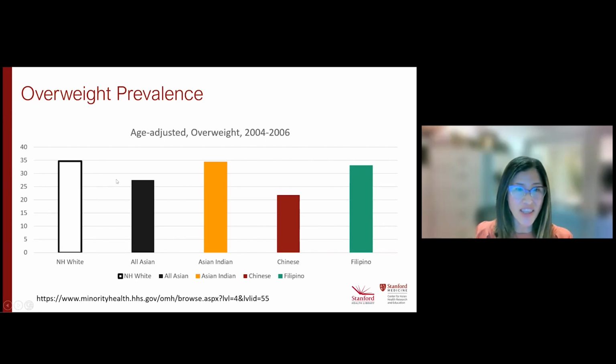It's higher than in Asian Americans, but when you disaggregate the data, there are certain populations that stand out, such as Asian Indian population and Filipino population in the United States.